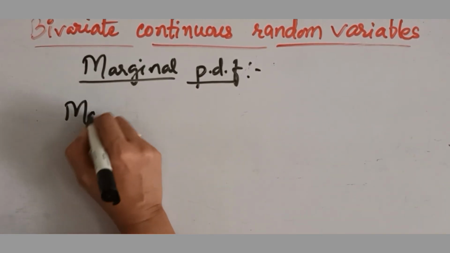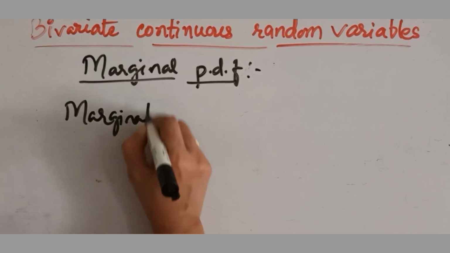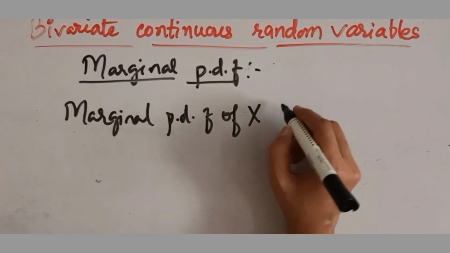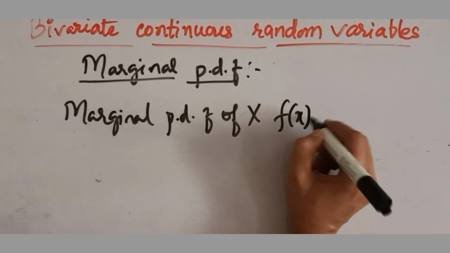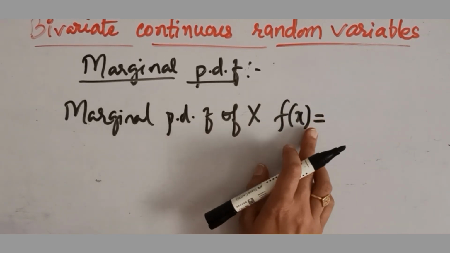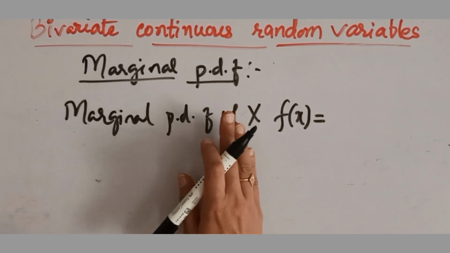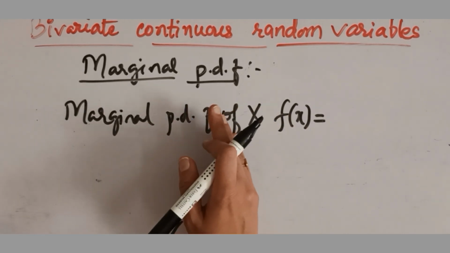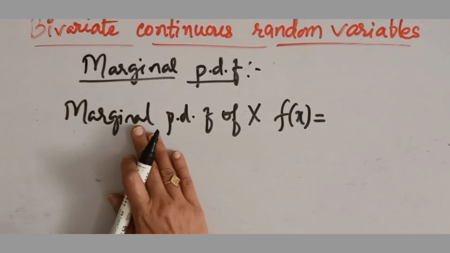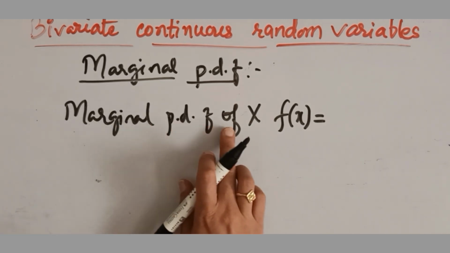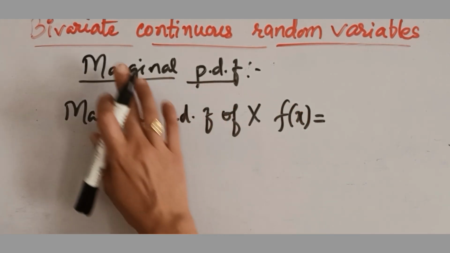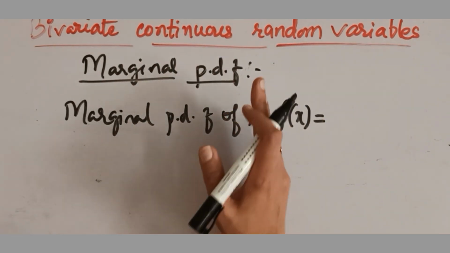The marginal probability density function of x is given by f of x, same as you had in the case of a bivariate discrete random variable. We are taking the probabilities individually. Here also, the marginal probability density function of x takes the probability of the continuous random variable x individually.